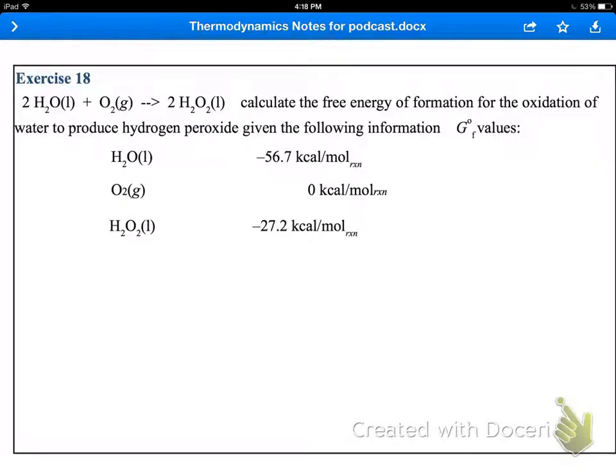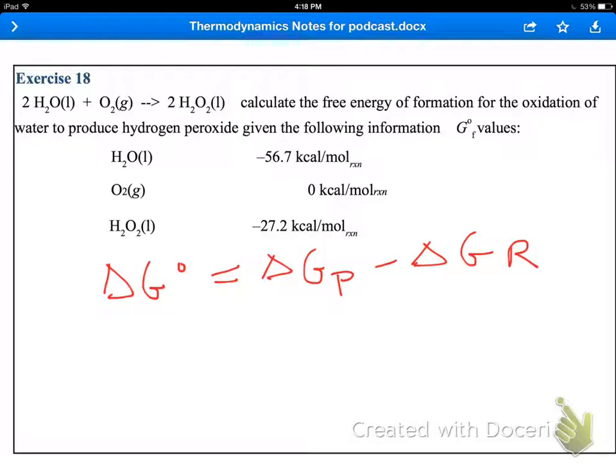Alrighty, so let's take a look at some problems. So we are asked to calculate the free energy of this reaction to produce hydrogen peroxide from water and oxygen. And we are given delta G values. So all we have to do here is use the delta G of formation is going to be the delta G of the products minus the delta G of the reactants. And in this case we're given them in kilocalories per mole.